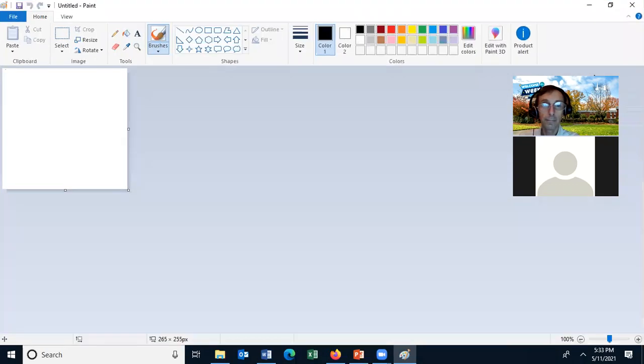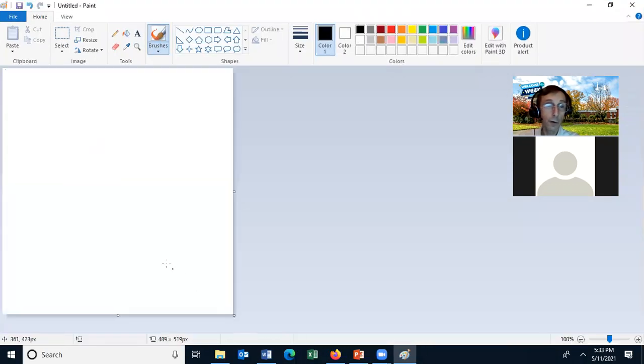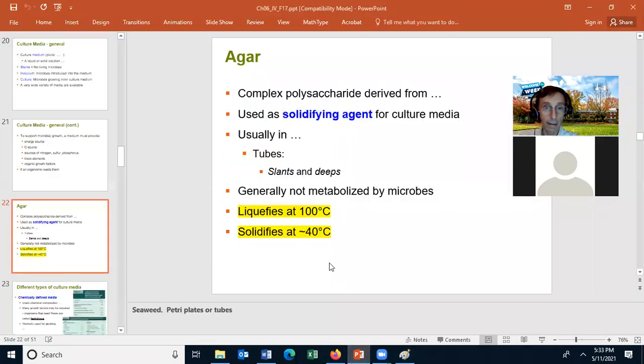So, the tube can be like this, where we have the media in a slant. A tube can be a slant or a deep.